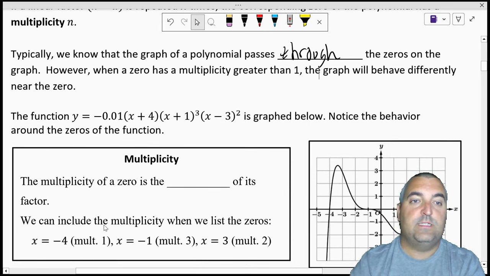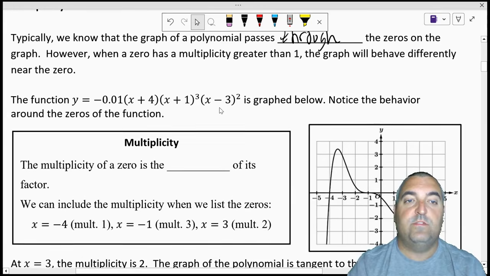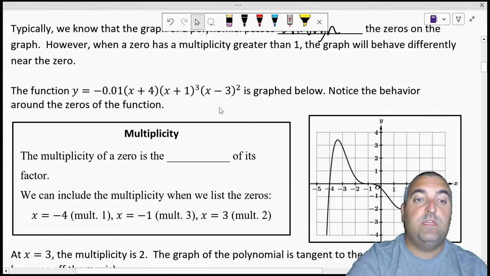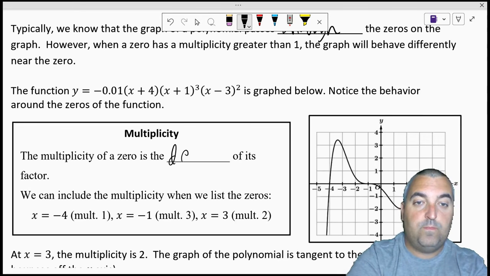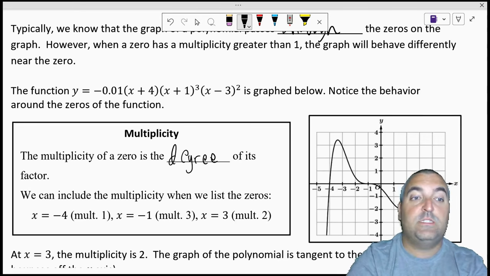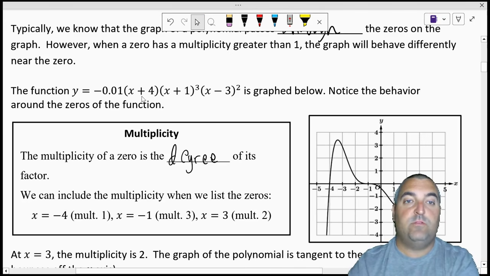We'll see in this next example, because it has good examples of each, that based on the multiplicity of each factor, the x-intercepts behave a little differently. So the multiplicity of a 0 is the degree of just the factor.